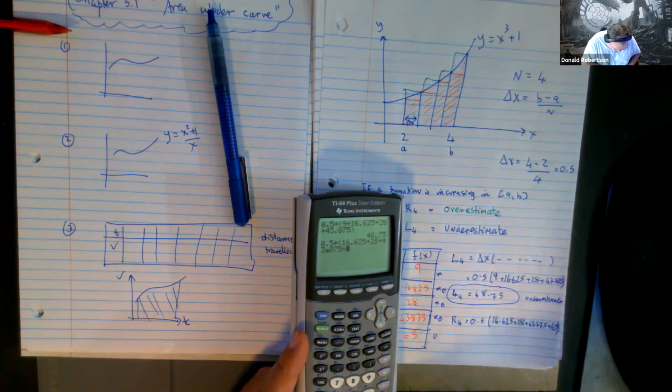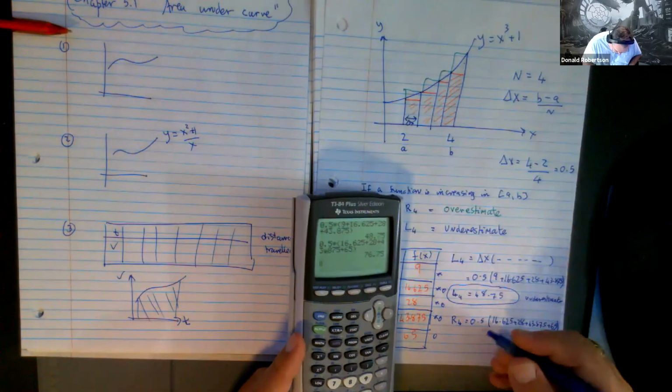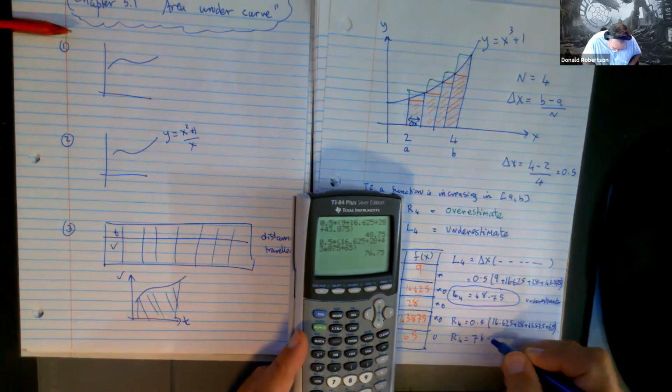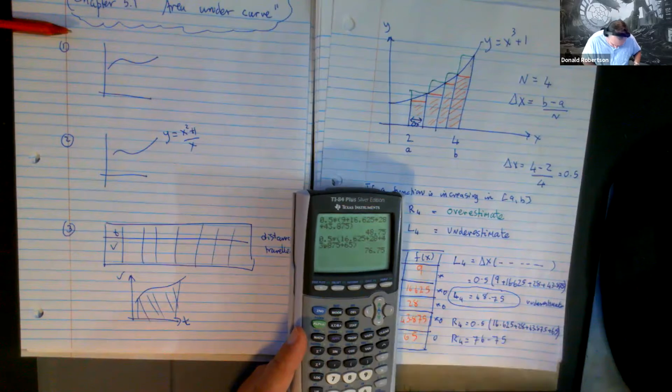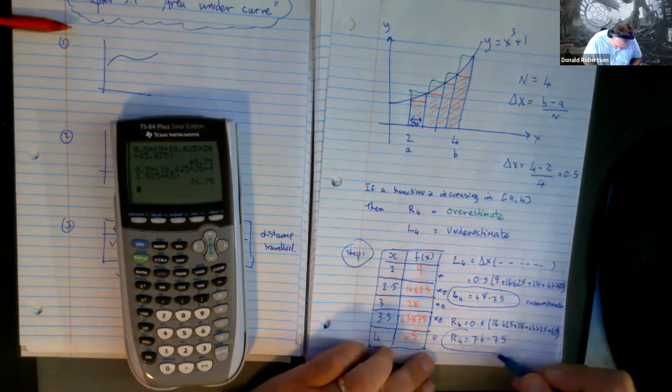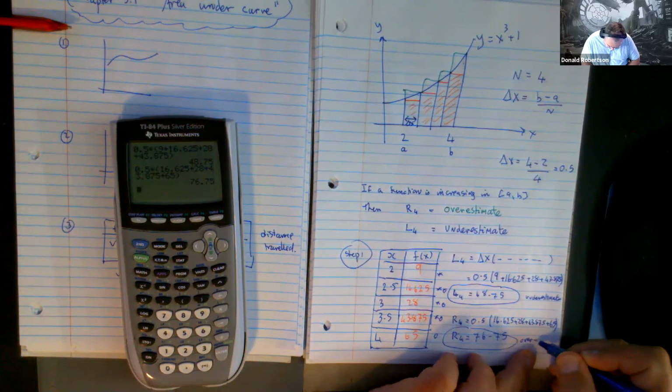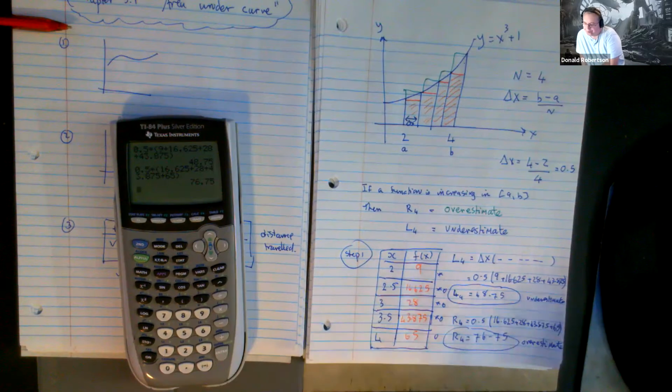Finish with 65. And we get 76.75. And you can see that's much bigger, and it's not a surprise because isn't it an overestimate? So far, so good. Right.